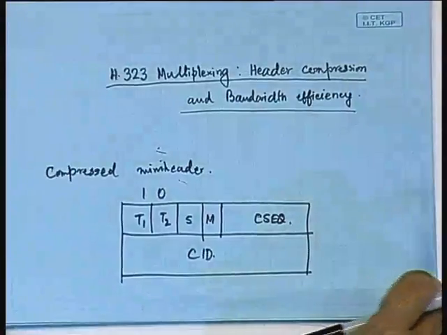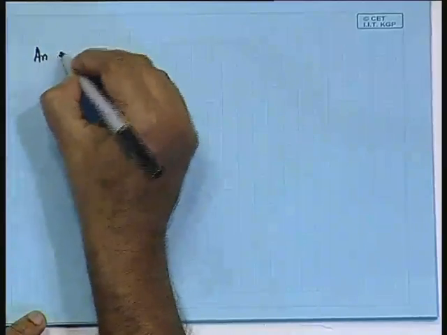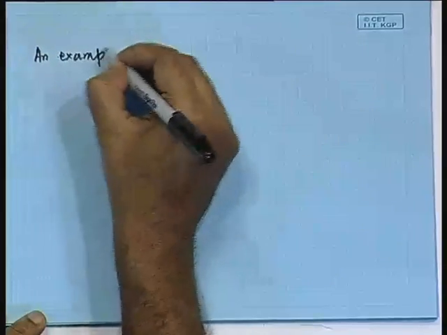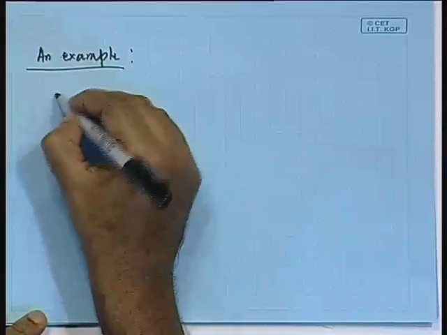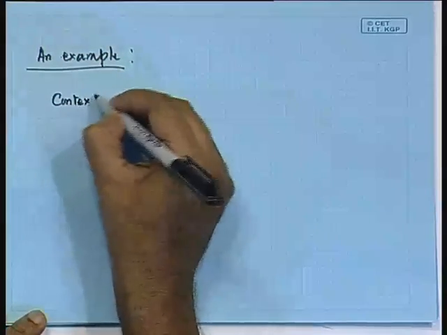As an example, let us say that the context mapping table in the mux contains the following information at a given time.